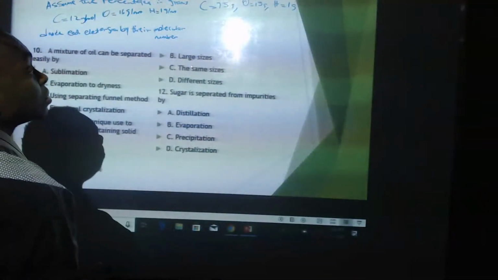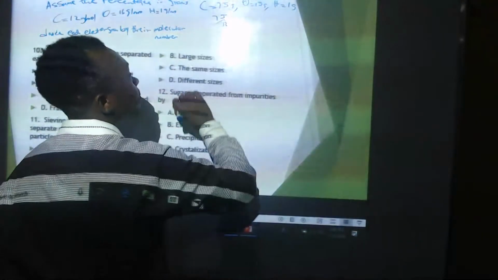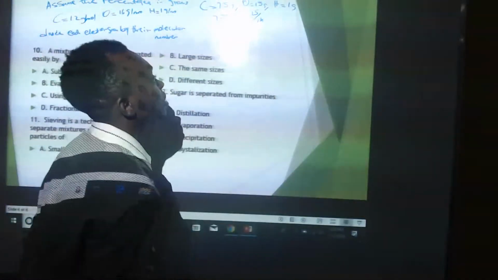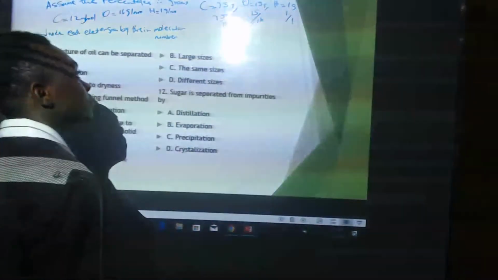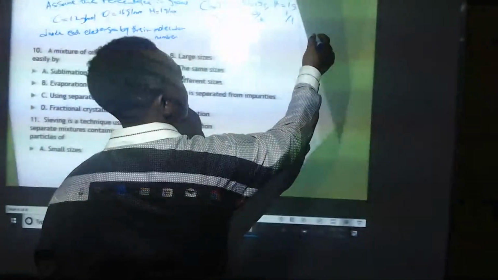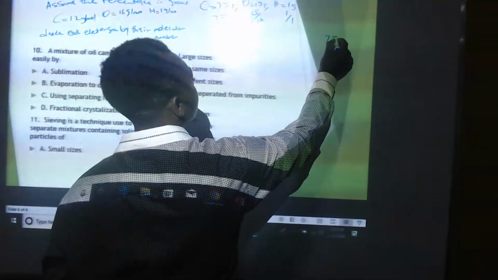So this implies that you begin to divide this, so this is now 75 over 12, the oxygen 15 over 16, your hydrogen 1 over 1. Very, very simple.